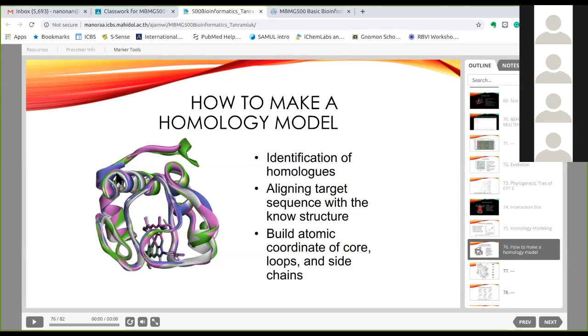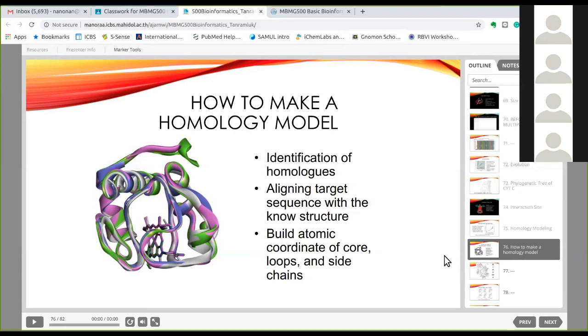So you can build up the whole model by knowing that if it has high sequence identity to other organisms, and you build a new one, it should have the same fold if it has high enough sequence identity. So that's how to make a homology model. So this is called structural alignment to make a homology model. So you borrow side chains and then you get a complete structure. But that's just an imaginary one.